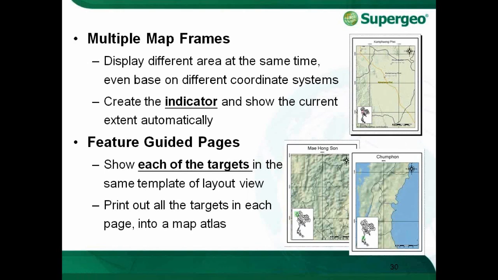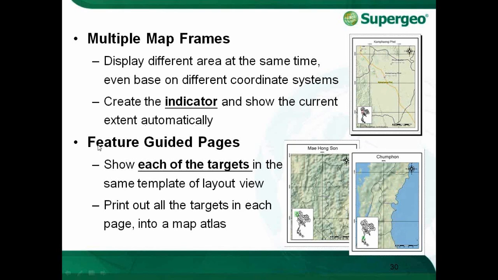The first function you will need is the multiple map frame. It is the concept of displaying different areas at the same time, even based on different coordinate systems. So these two map frames can be based on different coordinate systems, and you can also create an indicator to show the correct extent automatically.